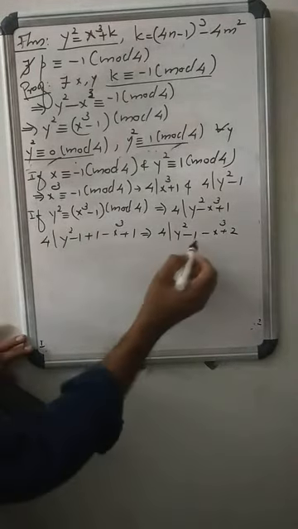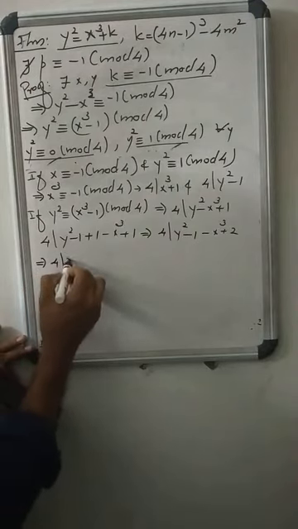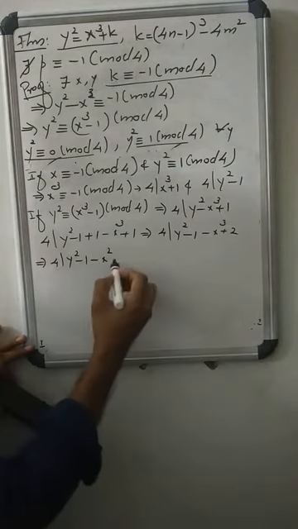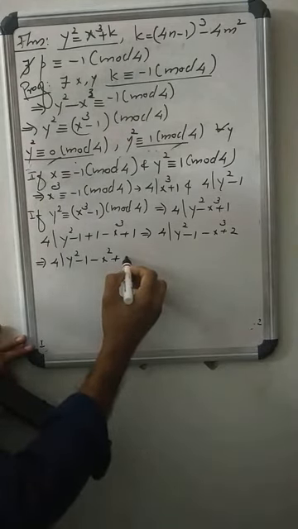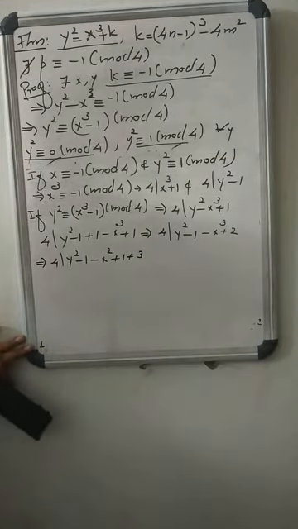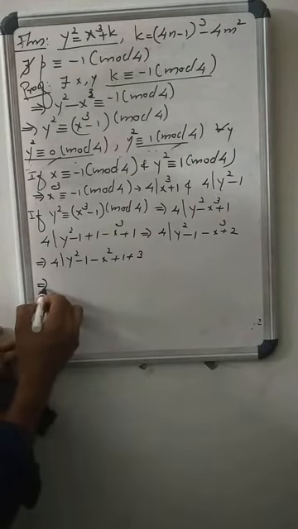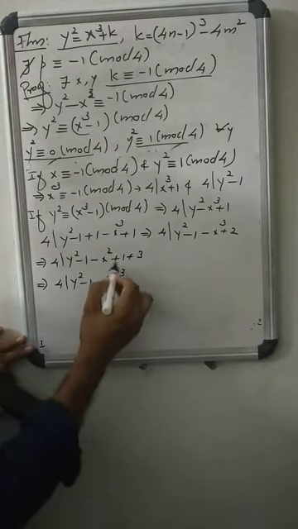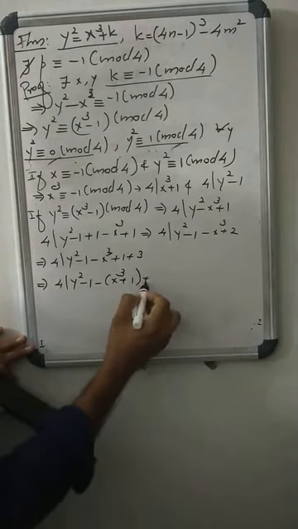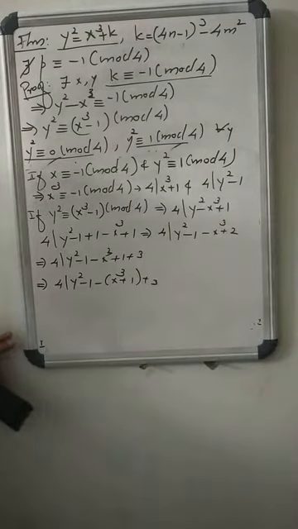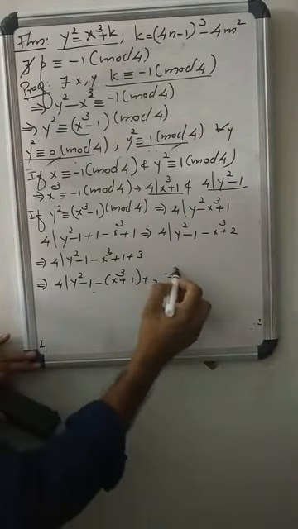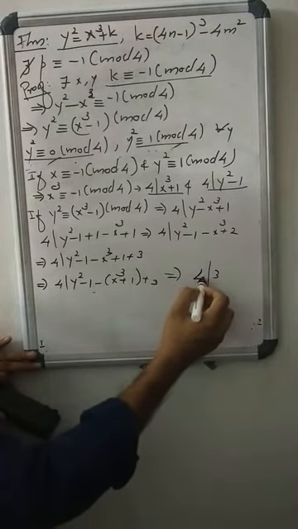But 4 divides x³ + 1 and 4 divides y² - 1, so from here 4 divides 3, which is again impossible.